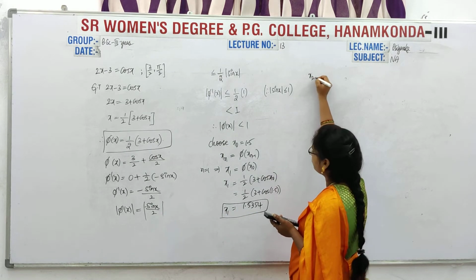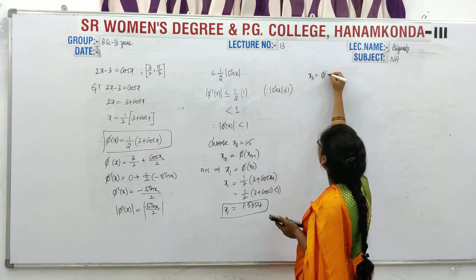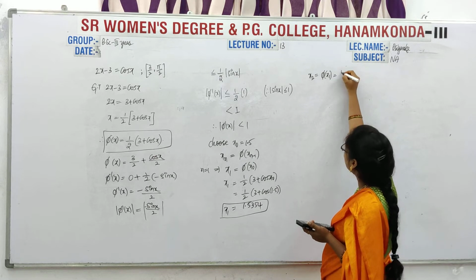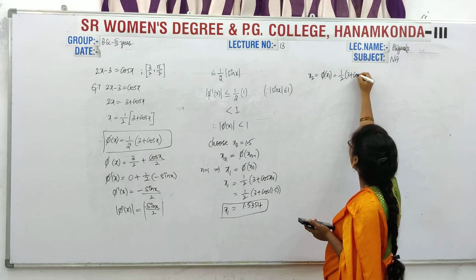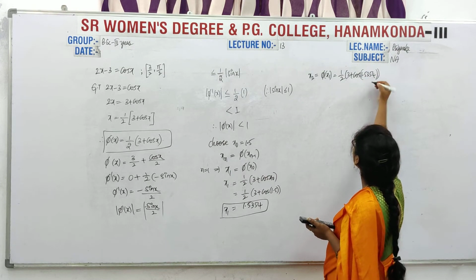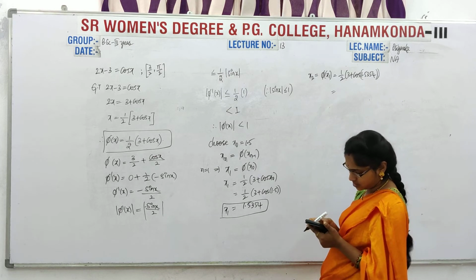Next x2 equals φ(x1). φ(x1) means what we will get? Simply it is nothing but 1 by 2 of 3 plus cos 1.5354. Now calculate it.